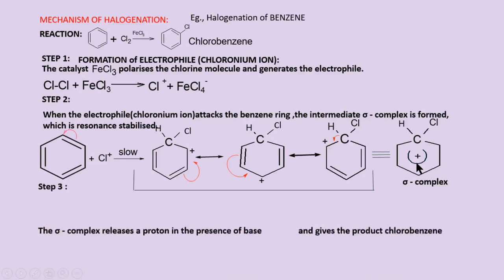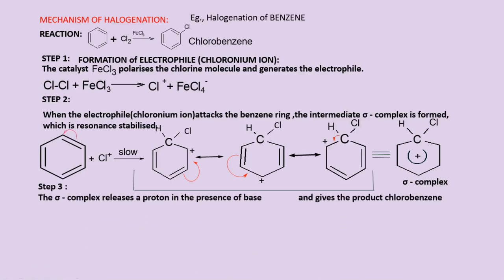When we consider step 3, again the sigma complex releases the proton in the presence of the base. So here this hydrogen is removed as H plus. When it combines with the FeCl4 minus, this H plus combines with one of the Cl present here, gets converted to HCl, and FeCl3 is formed.